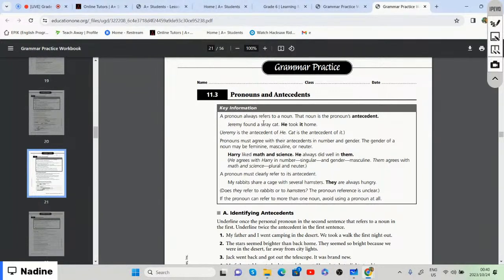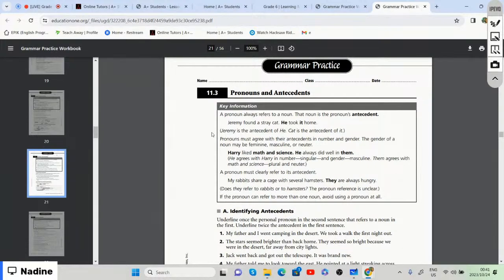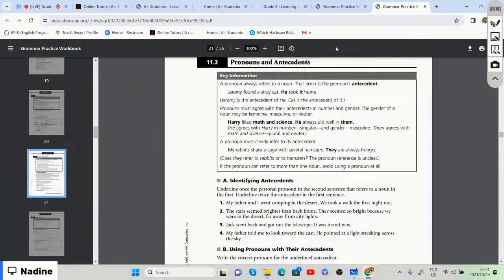All right, so we are now going to do this activity on A Plus Classes.ca. This is a continuation of the pronouns and antecedents lesson that we did on A Plus Students.ca. They say a pronoun always refers to a noun, and that noun is the pronoun's antecedent.